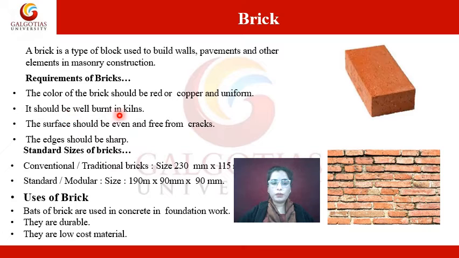It should be well burnt and clean. The surface should be even and free from cracks. For example, you can see this image of the brick, which is very even and free from cracks, and the edges should be sharp like this.